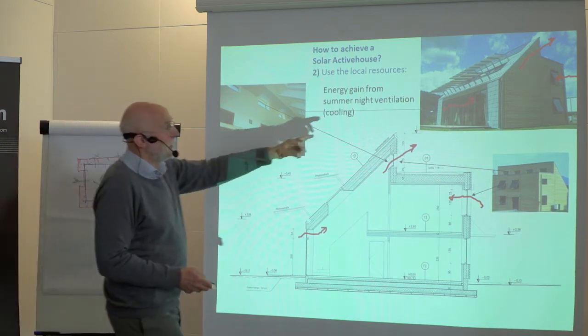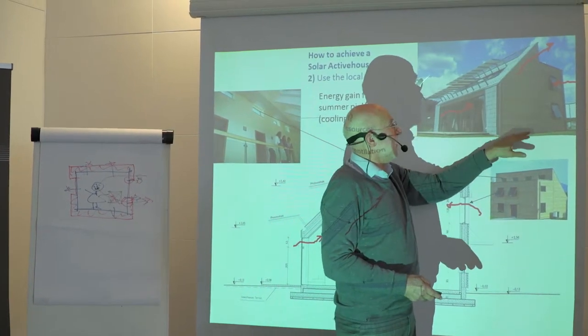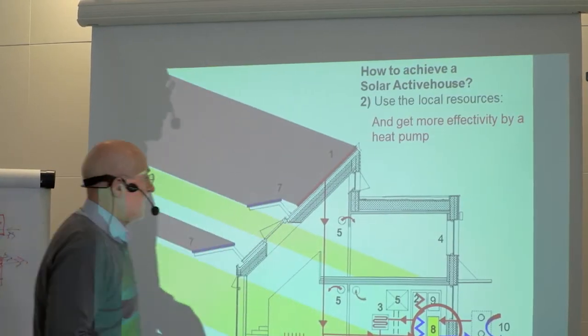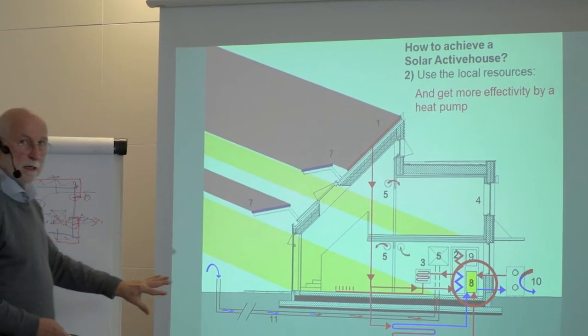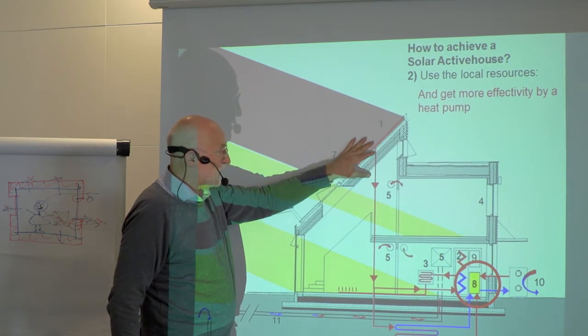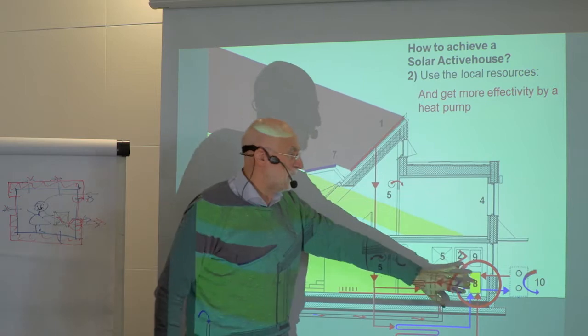And the cool ventilation is done if we have openings and we have a distance between going out and coming in air. In this case, we deposit heat we have in summer too much from the thermal collector underground, and we have a heat pump.